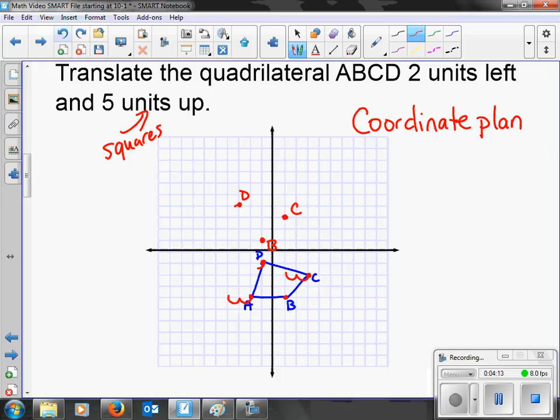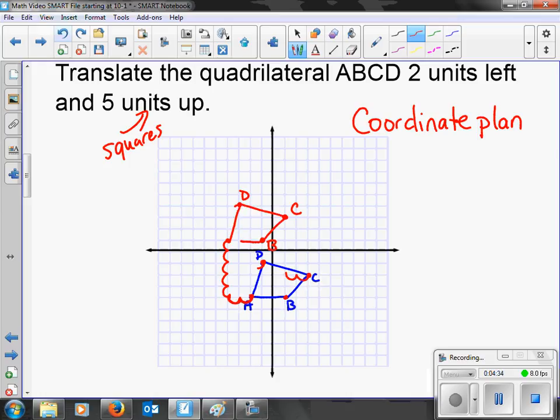And then as you can see, I put my marker, or for you, the pencil, on point A, and I go over 1, and then over another 1. That's 2, and then go up 1, 2, 3, 4, 5. Okay, so you count the line that you're going to next, not where you start from.